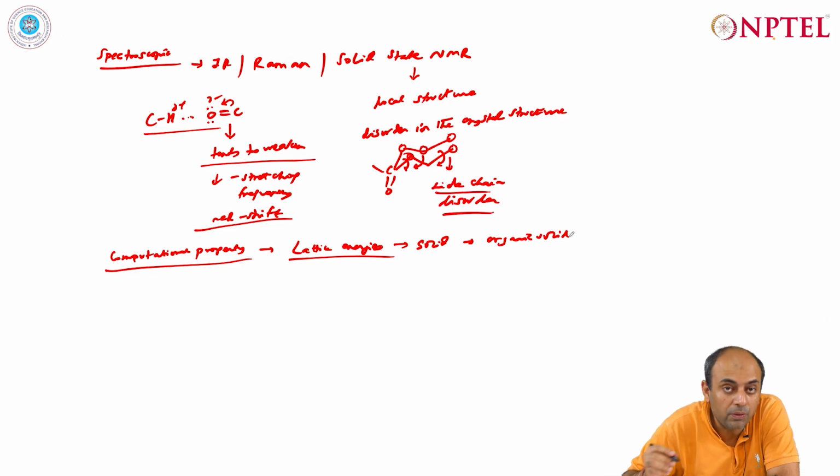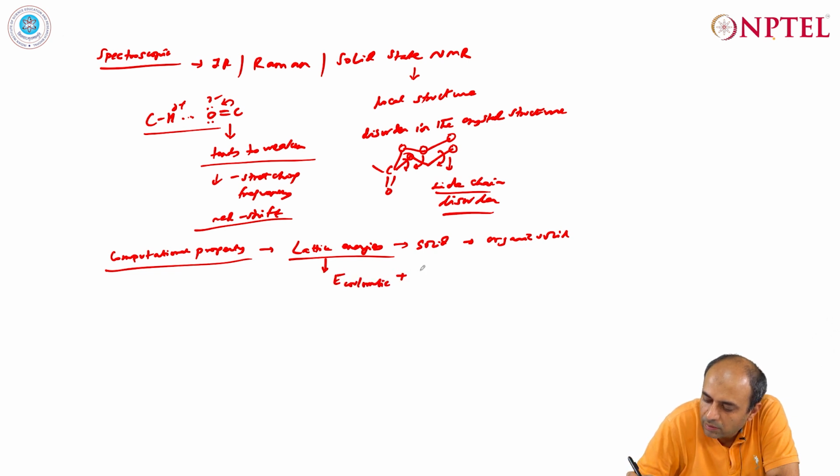And in the case of polymorphs, the lattice energies will be different. However, the magnitude of the differences are going to be very small. And the lattice energies can also be partitioned into the E coulombic plus E dispersion contributions. Here this is the electrostatic part, this is the dispersion part.